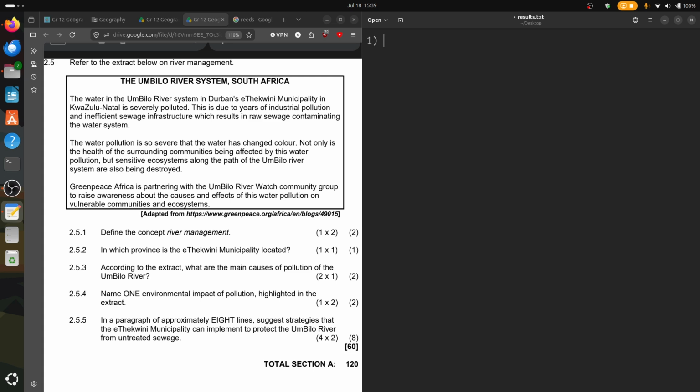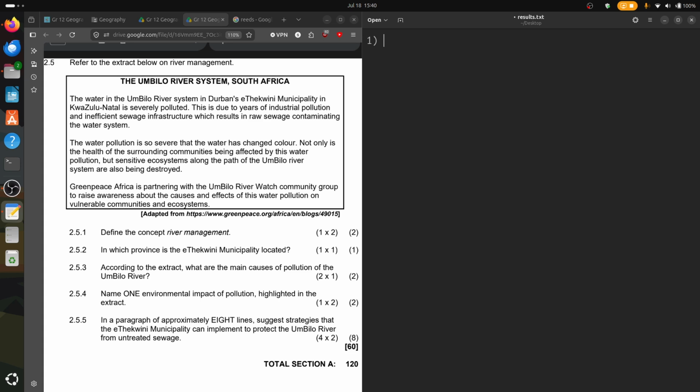So in geography, the good thing is that you don't have to define exactly as it is on the exam guideline. There's really no exam guideline that gives you definitions there. So if your answer is relevant to what the memo says, then you will be good to go.